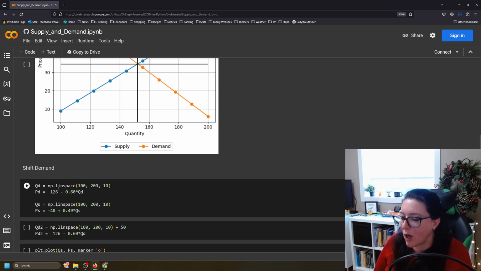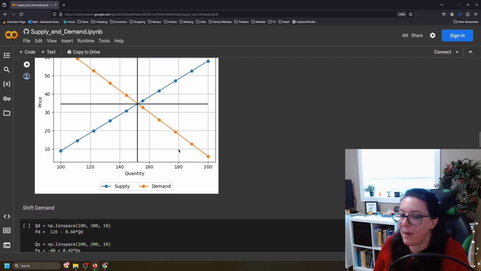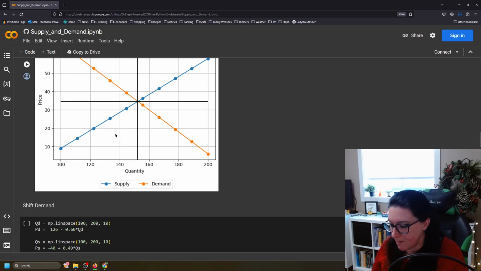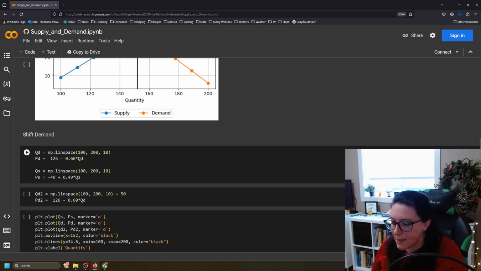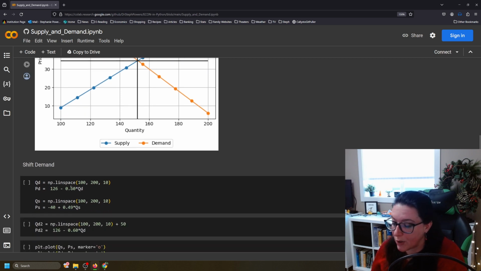And to create our graph, we created a range of quantities from 100 to 200 in increments of 10. This allowed us to create this graph that showed the demand curve and showed our supply curve over this range of quantities. So we have our quantity demanded, we have our quantity supplied here as the quantity increases, or as the price increases, quantity increases.